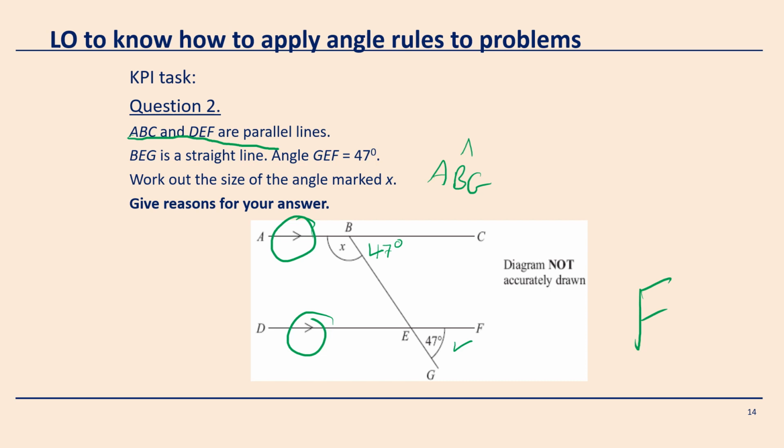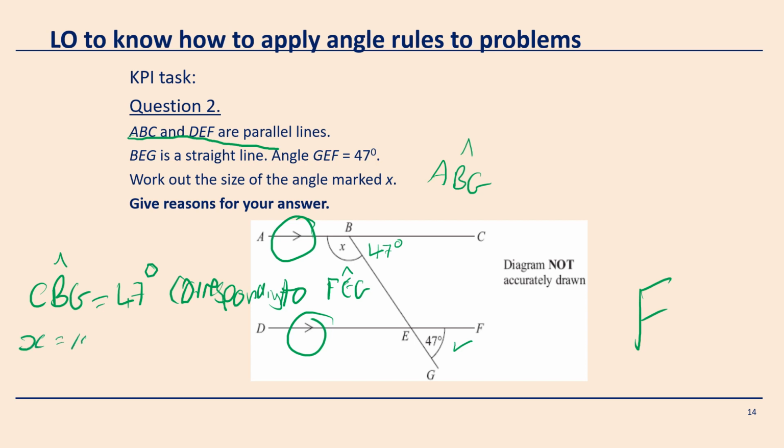And so I can say CBG equals 47 degrees, corresponding to FEG. Okay, right, once I know that that's 47, I can use this as a straight line. So ABE, or X, equals 180 take away 47.